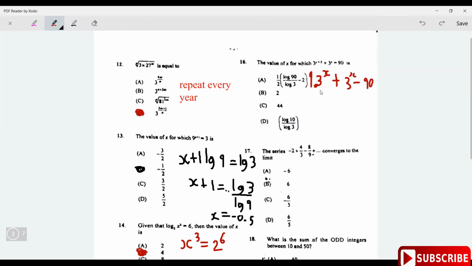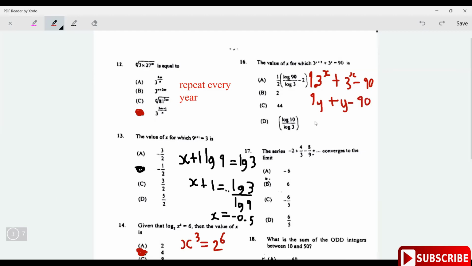So now I have this to solve for 3 to the x. All right, and so think of 3 to the x as y. So you have 9y plus y minus 90 equals 0.